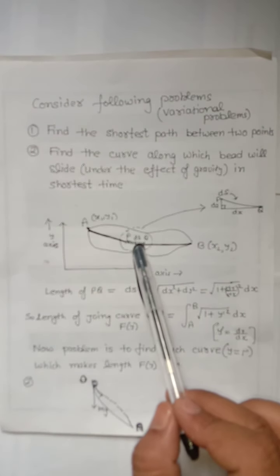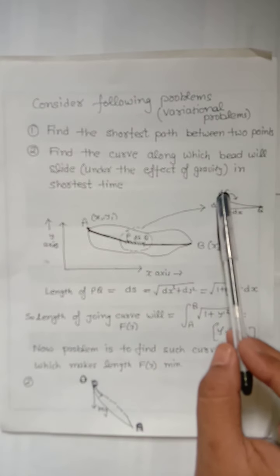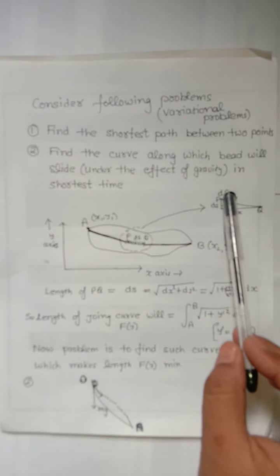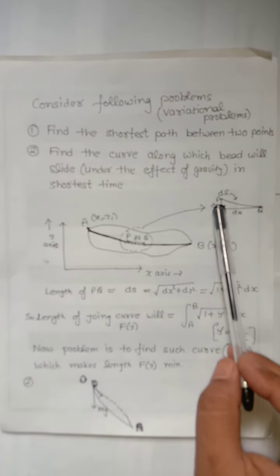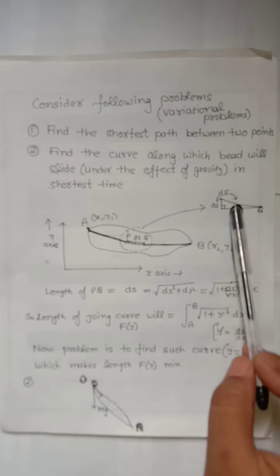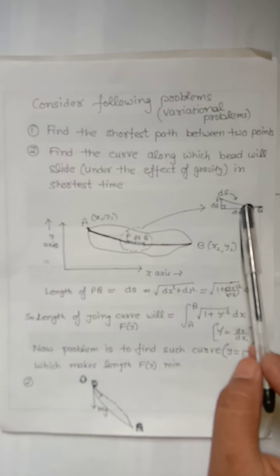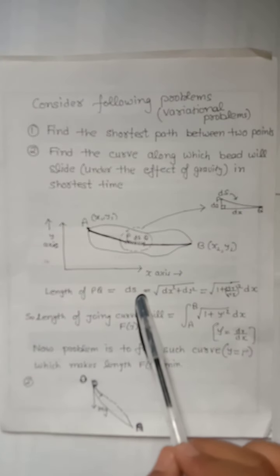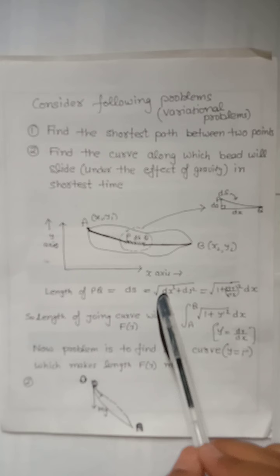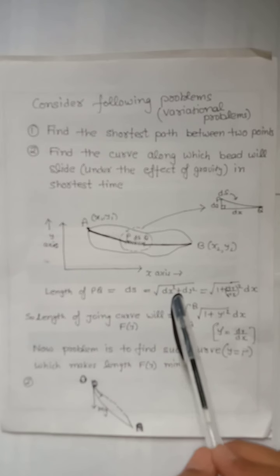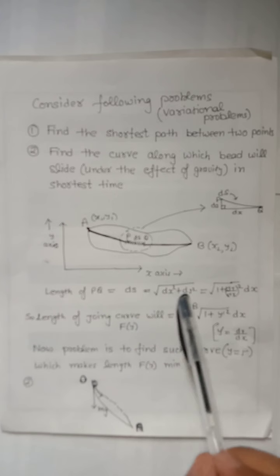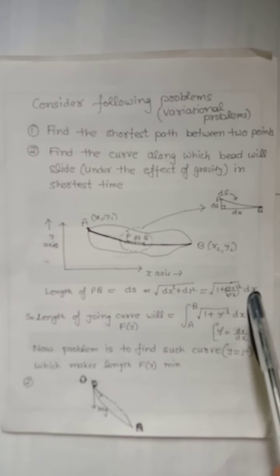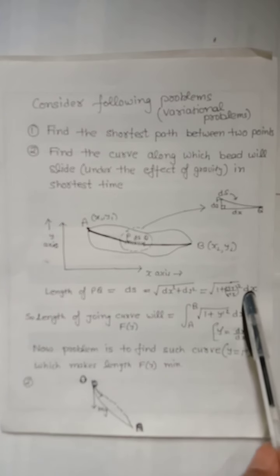Since ds is a small element, it can be considered as a straight line, and it will be dx and dy. On applying the Pythagoras theorem, I can write ds equal to under root dx square plus dy square. So the length of element PQ can be given by this. Taking dx as common, I can write it like this.